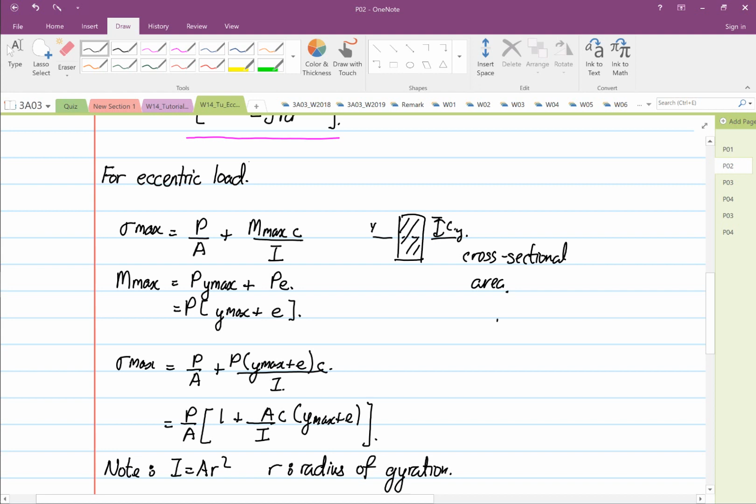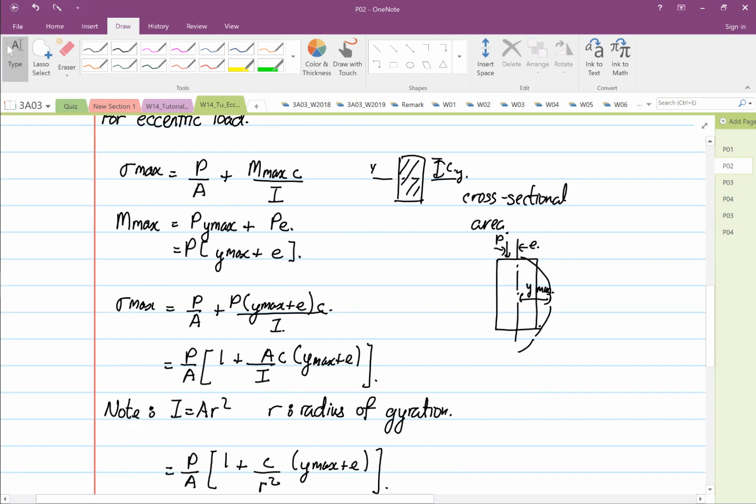So what this means over here is this: you have your P offset. One of the moments is contributed by E, and the other one is contributed by y max, when it's buckling.